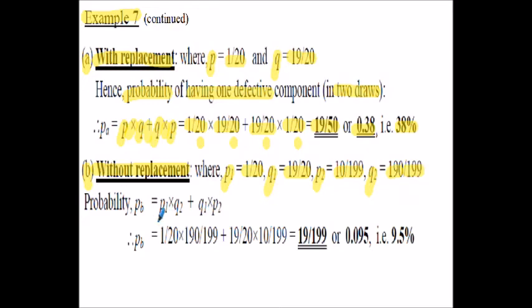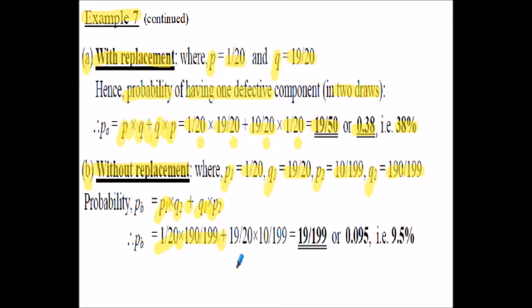So our probability now is given by P1 times Q2 plus Q1 times P2. So that's 1 upon 20, the probability of a defective item on the first draw, multiplied by 190 divided by 199, which is the probability of drawing a satisfactory item on the second draw.